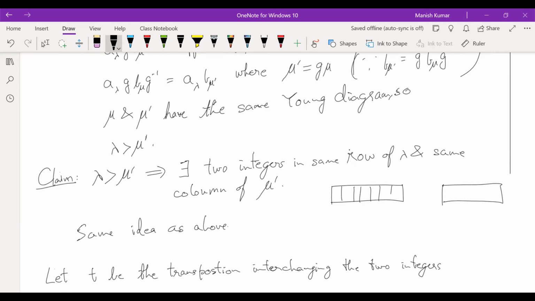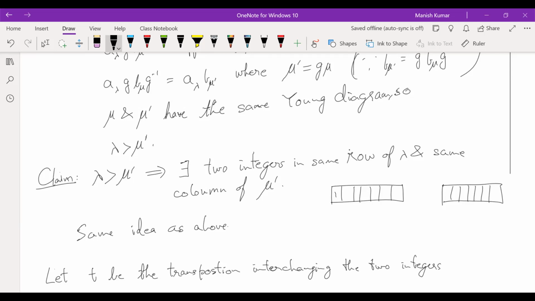There are some number of entries in the first row of lambda. Lambda has lambda one entries in the first row, mu has mu one entries, and mu prime has mu one prime entries in the first row.